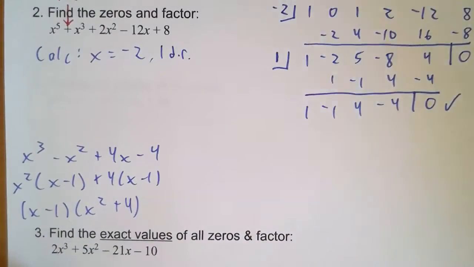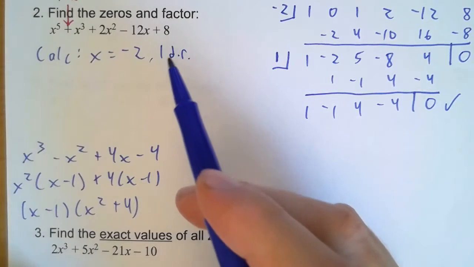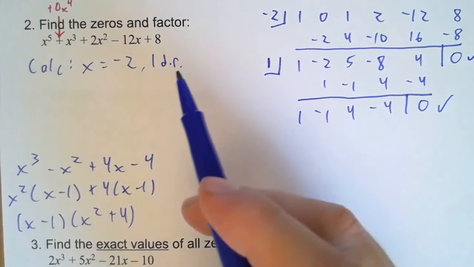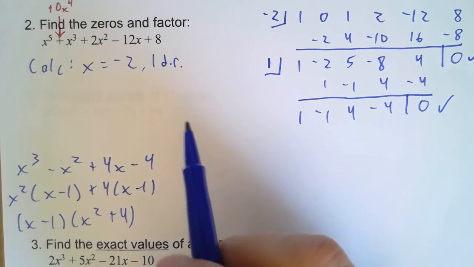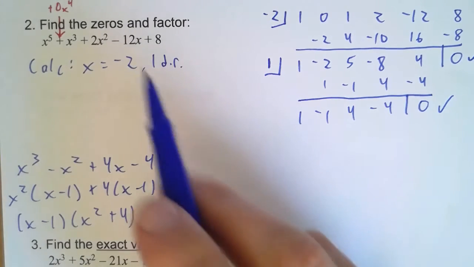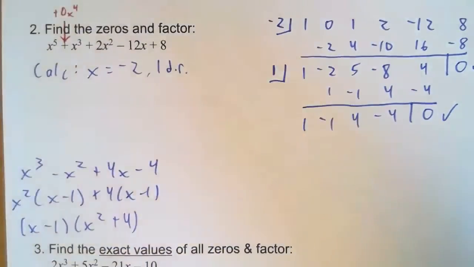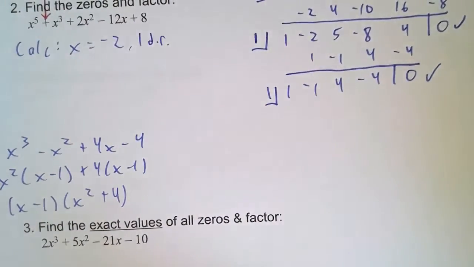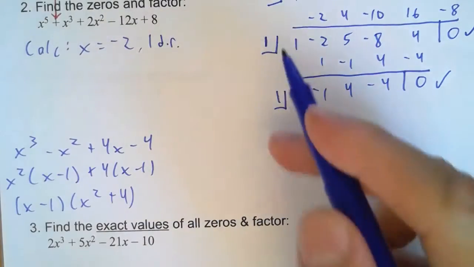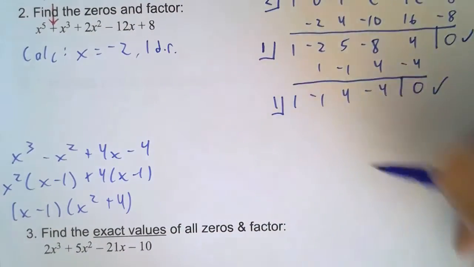Another option is because it was a double root, that means that x minus 1 squared has to be a factor. That means x minus 1 has to divide into this twice. So I could divide by x minus 1 again. If it's a double root, you can do this division twice.